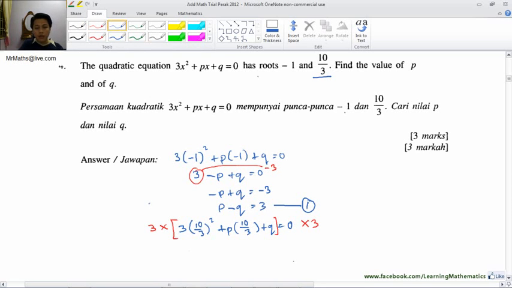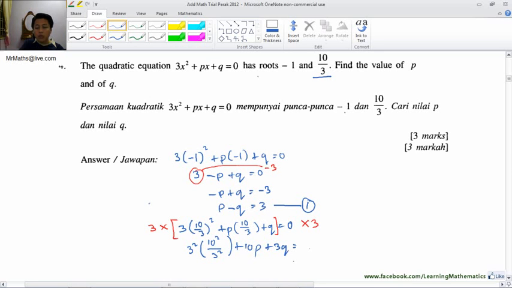So now it becomes 3 squared times 10 squared over 3 squared, because 10 over 3 squared is actually equal to 10 squared over 3 squared, plus 10p, because the 3 is already gone. 1 over 3 multiplied by 3 becomes 1. So now you have only 10 multiplied by p, so it becomes 10p, and then plus 3q.